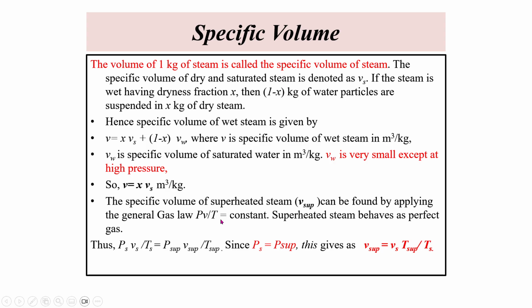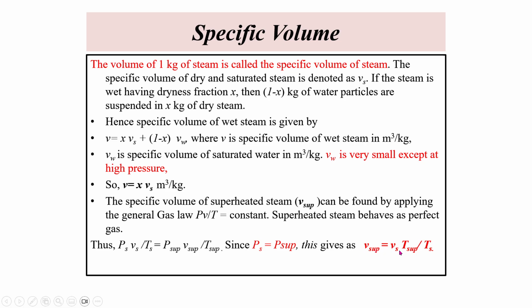Similarly, superheated steam behaves like an ideal gas. So ideal gas means P1 V1 by T1 is equal to P2 V2 by T2. Ps is the dry saturation pressure, Vs is the dry saturation volume, Ts is the dry saturation temperature. Similarly, P superheater, V superheater volume, T superheater temperature. The pressure is the same, meaning saturation pressure and superheater pressure are the same.